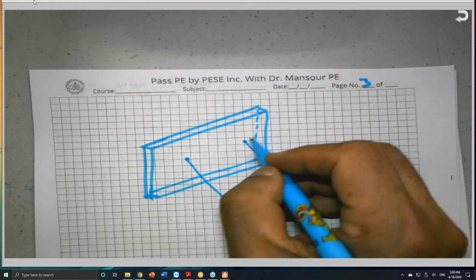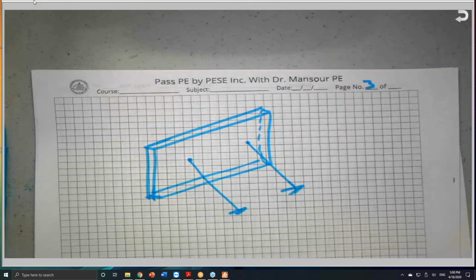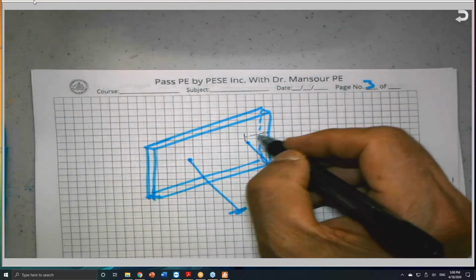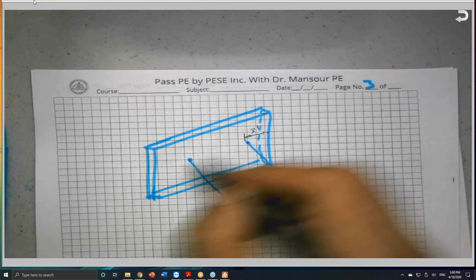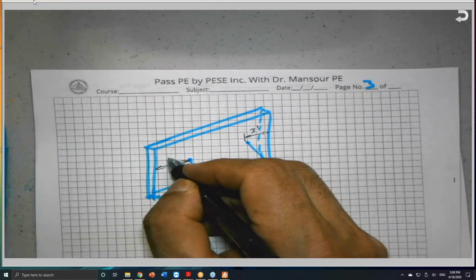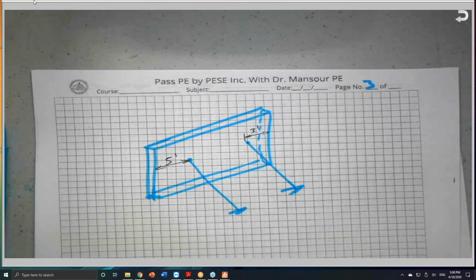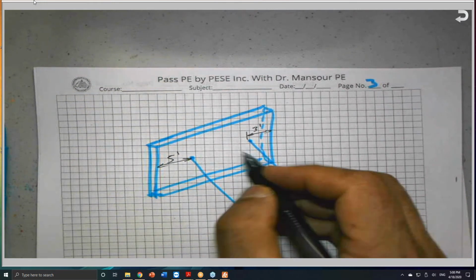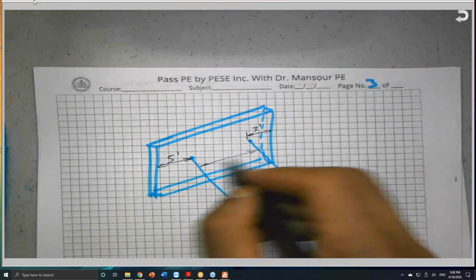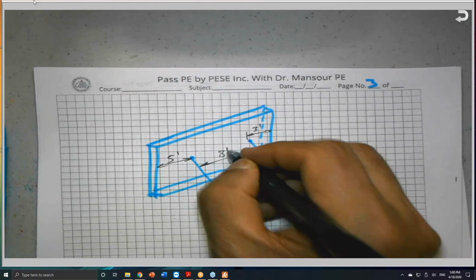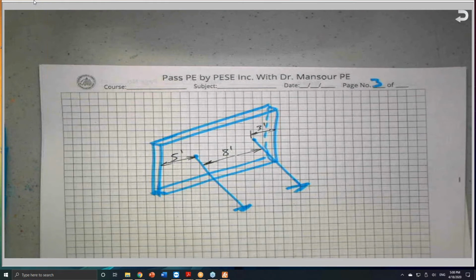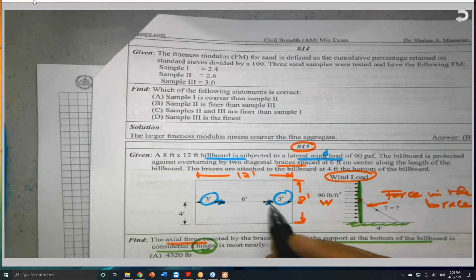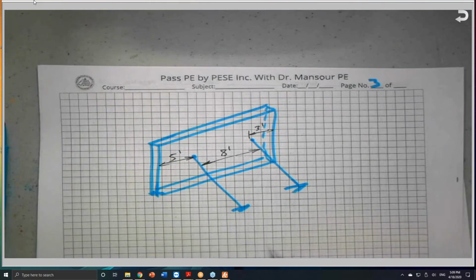So he might say that this distance here is 3 feet, but this distance here is 5 feet, for whatever reason. And he gave you the distance here, for example, assuming this is 8 feet. Change the numbers a little bit. Normally, we prefer it to be symmetric like this, as far as the spacing. But for whatever reason, he might give you a scenario like this.